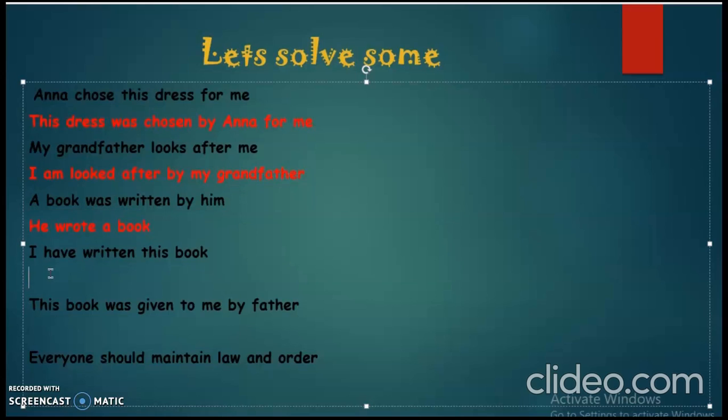I have written this book. Now, OVS. From SVO, we have to write it as OVS. Let me insert a text box and show you basically how it is.